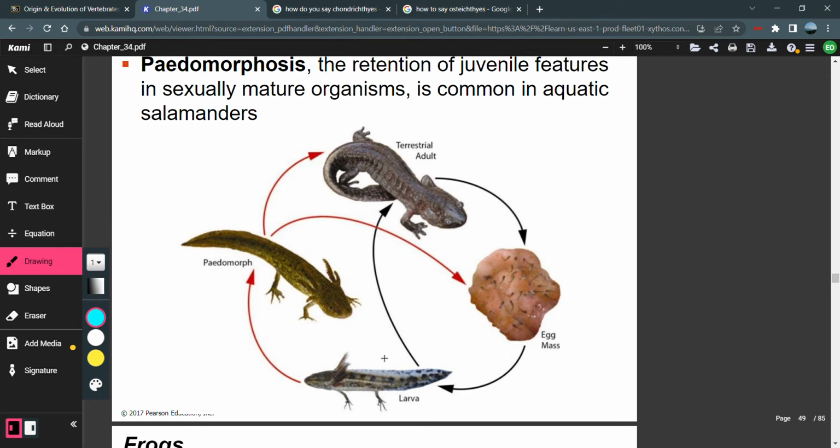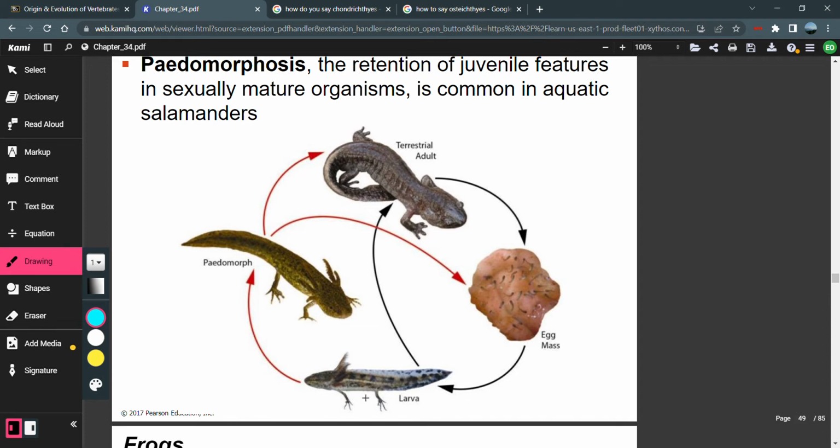If the larva of a salamander lives in conditions where terrestrial life is not suitable, it will become a paedomorph and sexually reproduce as a mature organism.